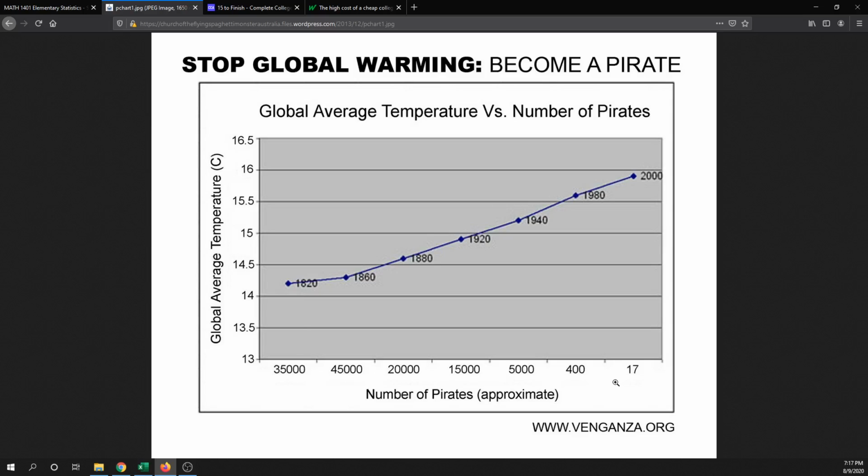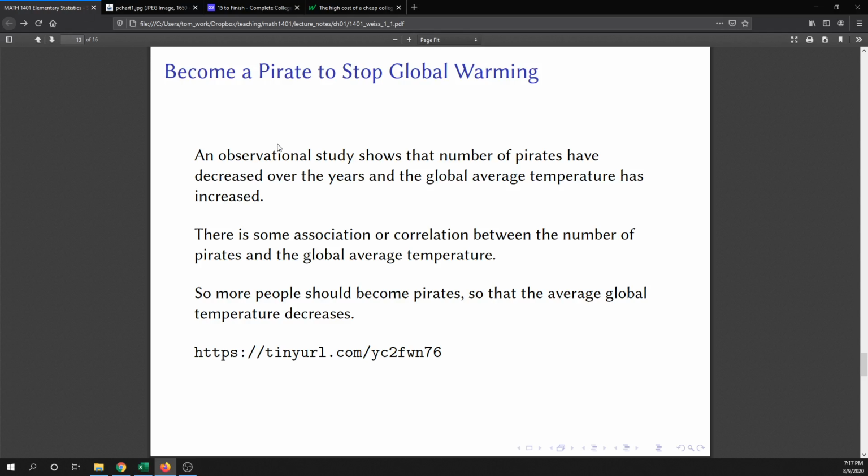So as the number of pirates is decreasing, the global temperature is increasing, and that's probably pretty close to the truth. Probably way more pirates back in 1820 than there are in 2000. So that's correlation; there's some correlation between the two.